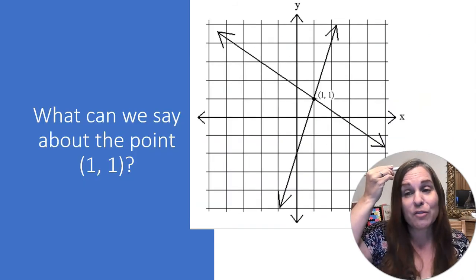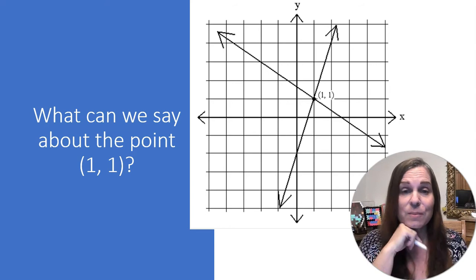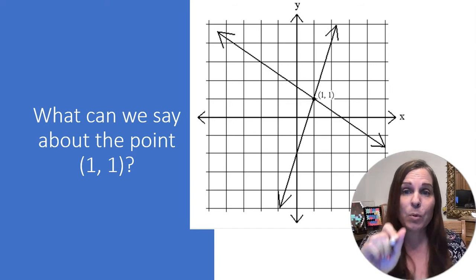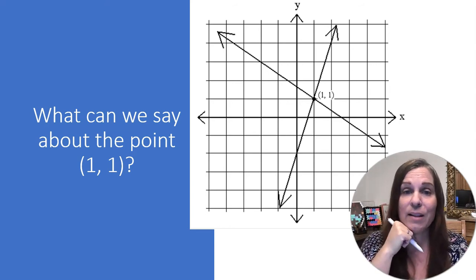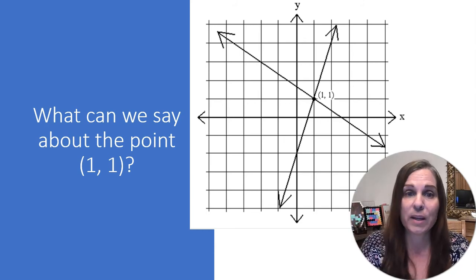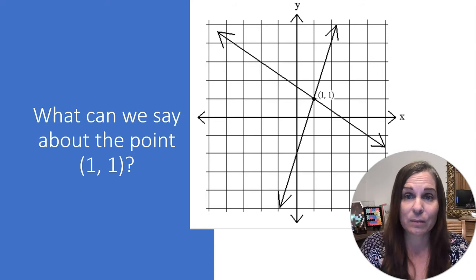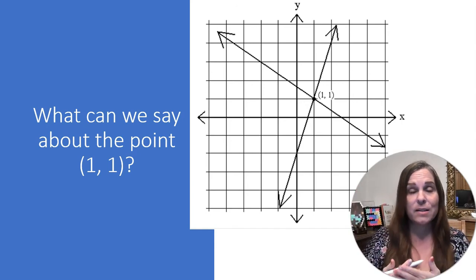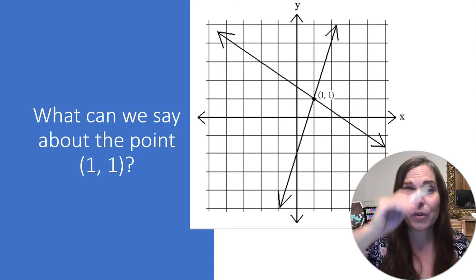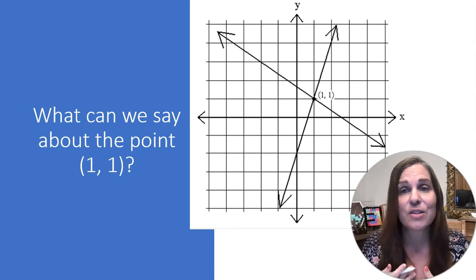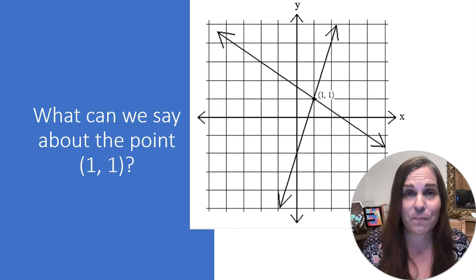So here I have two lines graphed. I have a point plotted right at their intersection. What can we say about that point? Well, we can say that that point lies on both lines. And because it lies on both lines, it is the solution to this system.